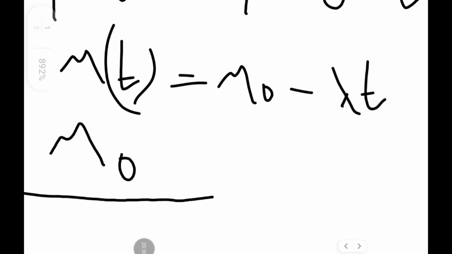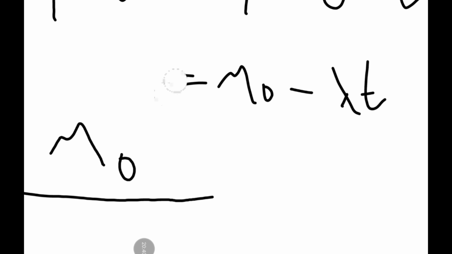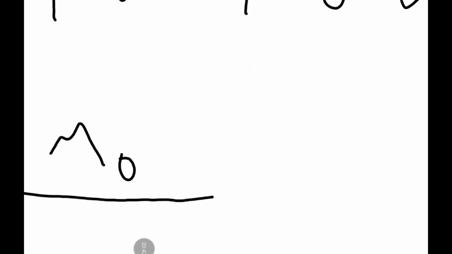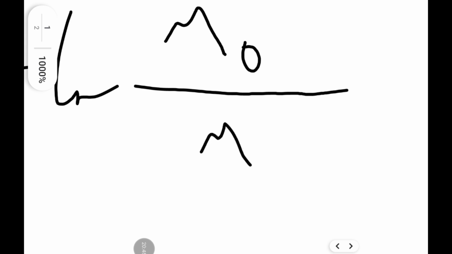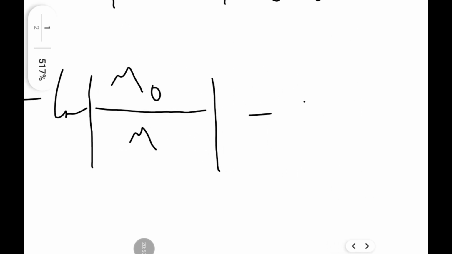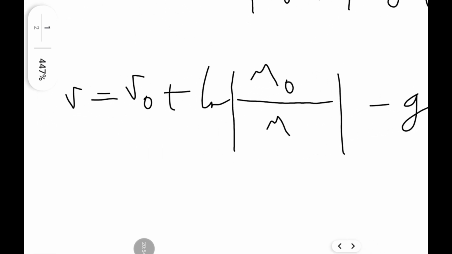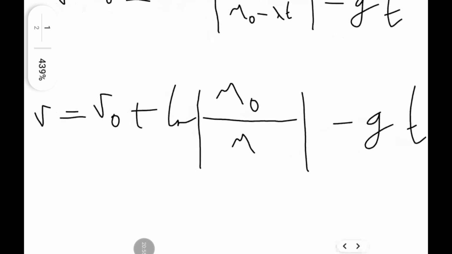So what we can do is just call it m, the function of m, minus gt. So as you can see, we've solved it. We've got the equation now. That is the equation now with the gravity that we have for the propulsion.